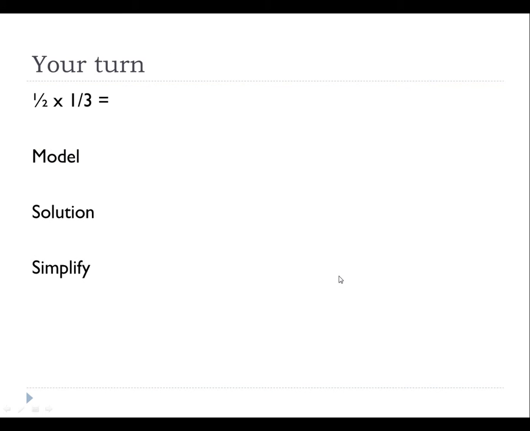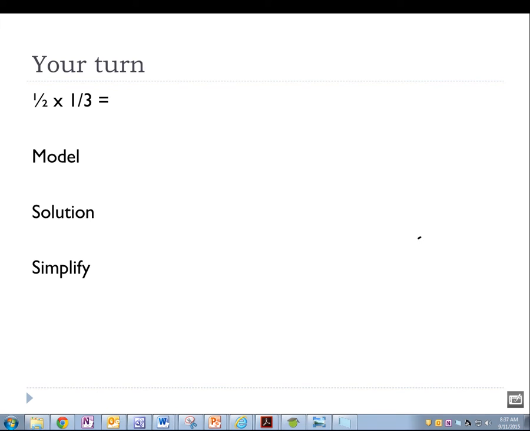So let's do it together. We have 1/2 times 1/3. So we are going to model that by doing this. I want you to create a square, and another square. This is more like a rectangle, sorry. You can have it a square, you can have it a rectangle, but just not a circle this time.